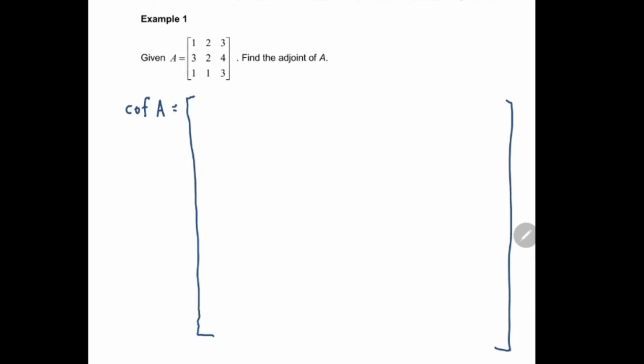Now you have learned before what a matrix cofactor is. You take each element. For example, for the first element 1, you close the first row and the first column, and then you get the determinant of the remaining A, B, C, D.